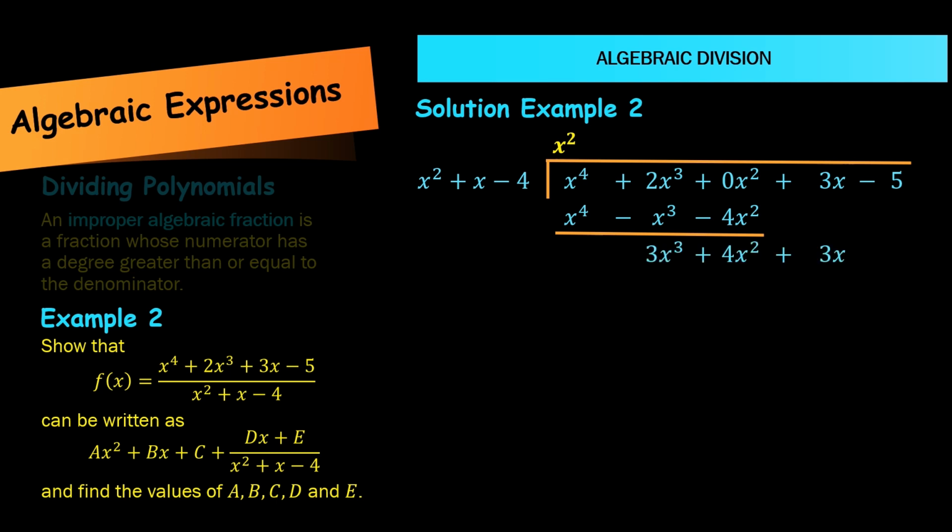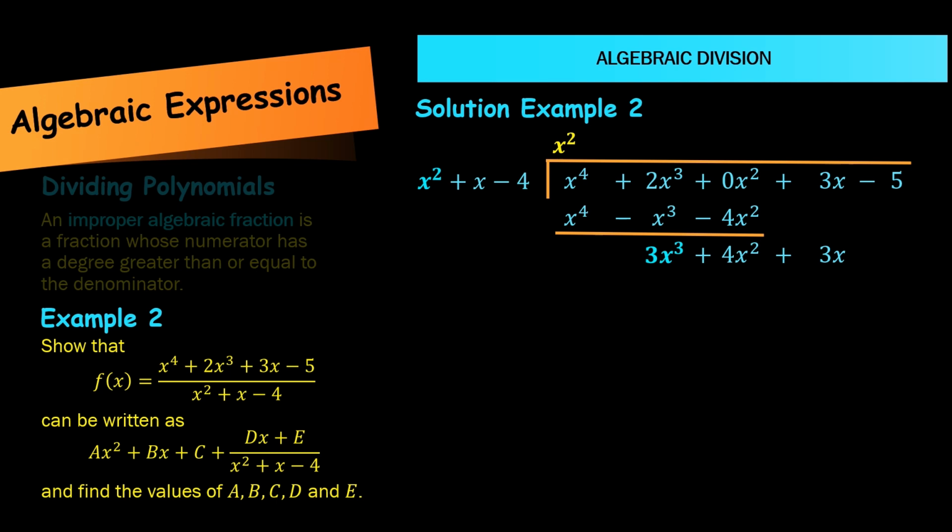Next we subtract, as shown, to obtain 3x cubed plus 4x squared, and bring the plus 3x down as shown. Now 3x cubed divided by x squared is 3x.